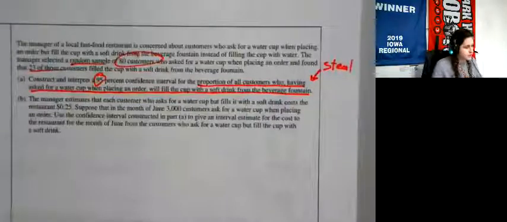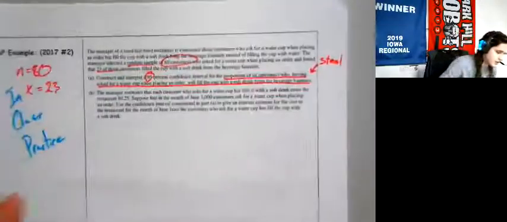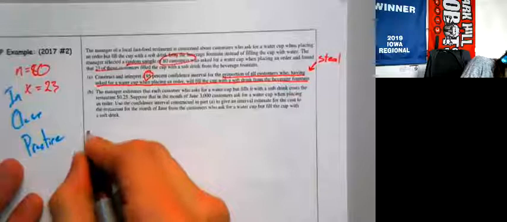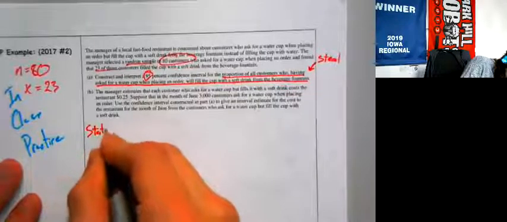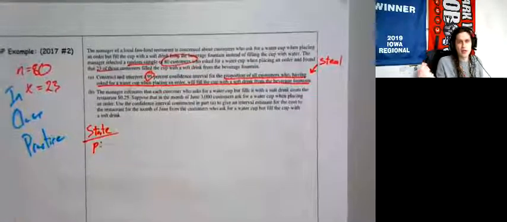Okay, so let's do part A. I'm going to at least set it up for you. You're going to go back and do the work. So we're going to start with a state step, and the first thing we're going to do is copy the thing it told us to find.